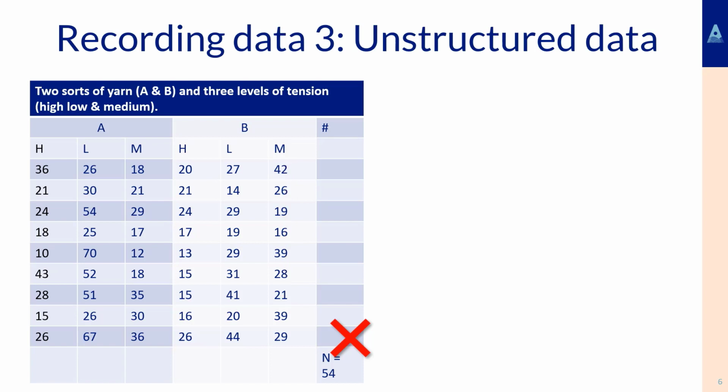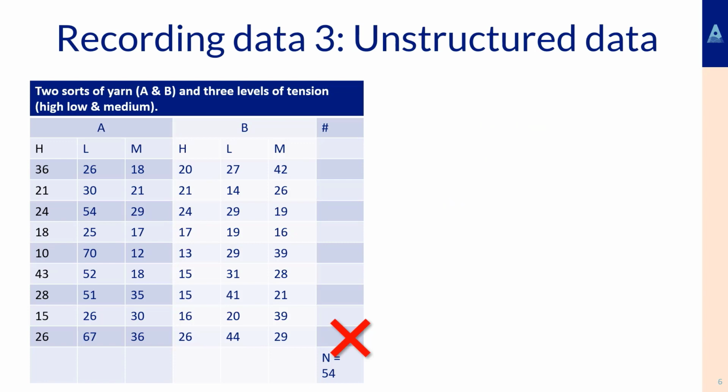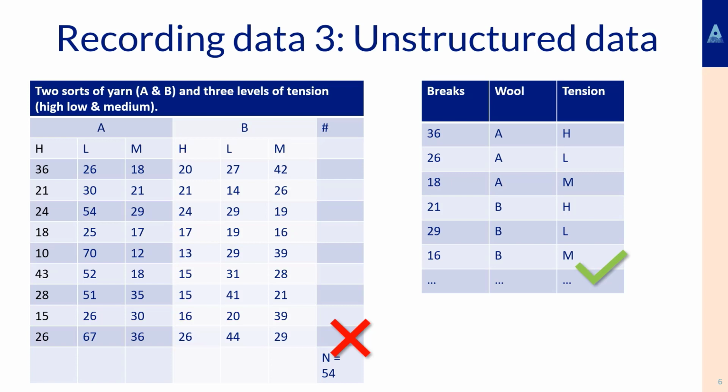So in fact we have 54 subjects, so there should be 54 rows of data, and we have three variables: the yarn type, the level of tension, and the actual breaks. So the proper data structure for that is three columns, one for each variable. The breaks is a scalar variable.